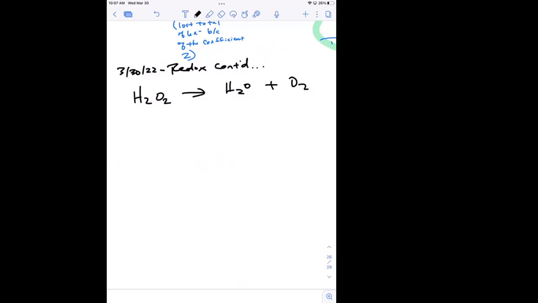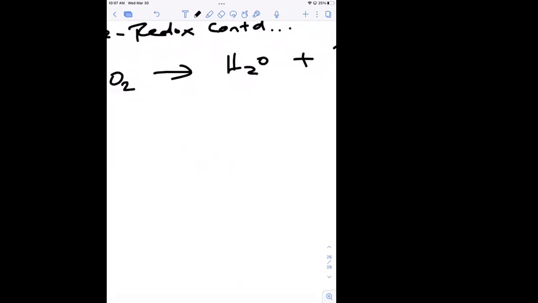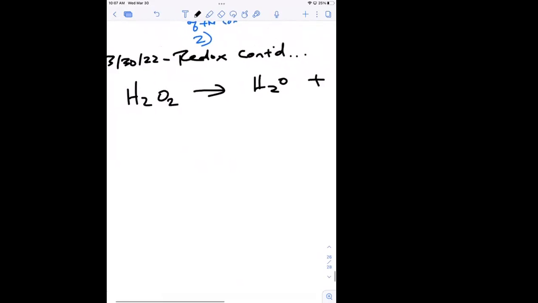Anyway, is that balanced or not? It's not. How would you balance it? What would you do? I'd put a 2 in front of H2O and in front of H2O2. Okay, so let's think about that. So the hydrogens are balanced.